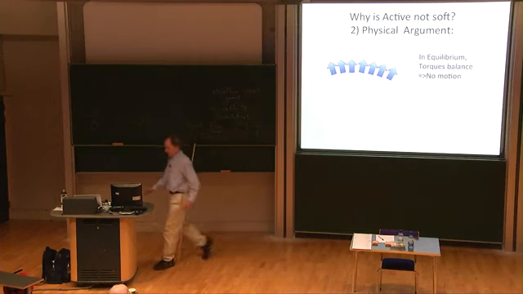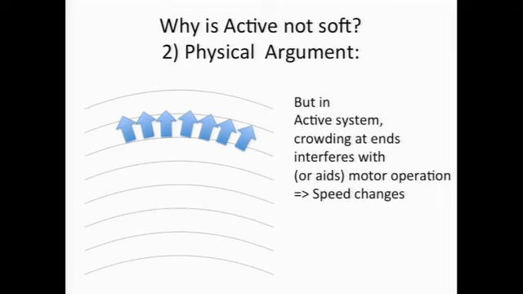Okay? Now what about non-equilibrium? Well, in non-equilibrium, these guys have little motors on them. So imagine these guys have little propellers at the back. Okay? When they were parallel, the propellers were nicely out of the way, and so they could all scoot along very merrily. But now, the backs of them, the ends, are pressed closer together.